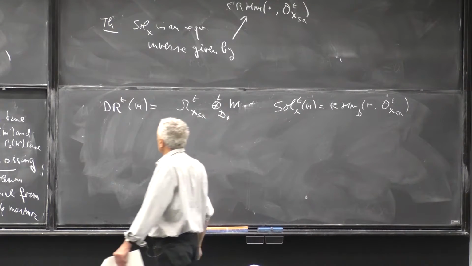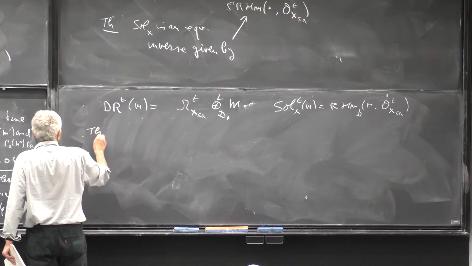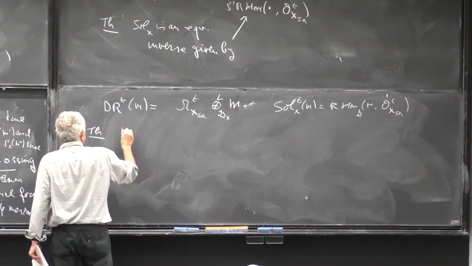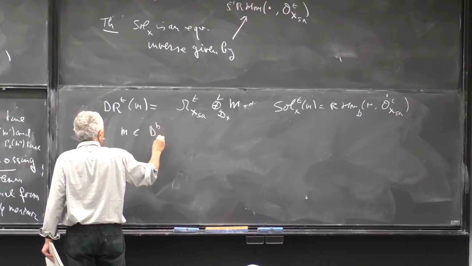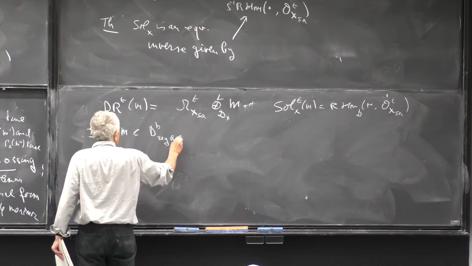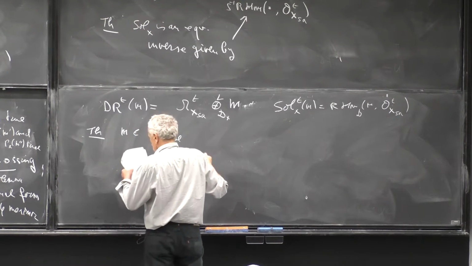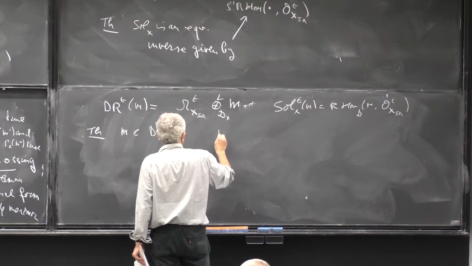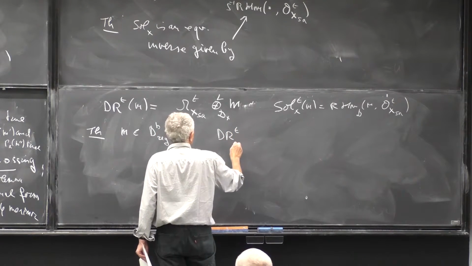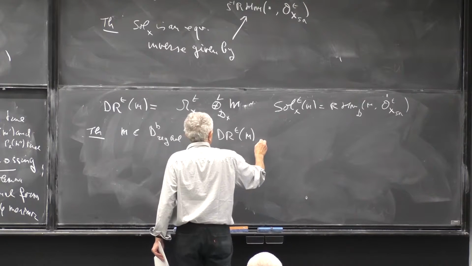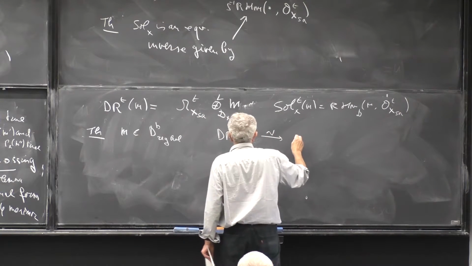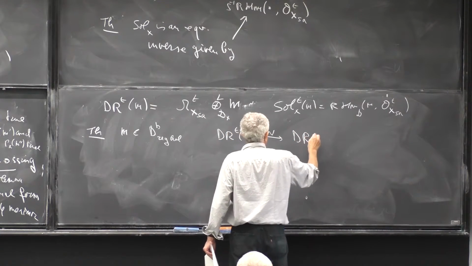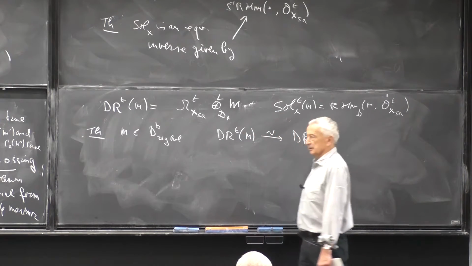So there is a first theorem which says that if M is regular holonomic, then the temperate de Rham complex is isomorphic to the non-temperate de Rham complex.